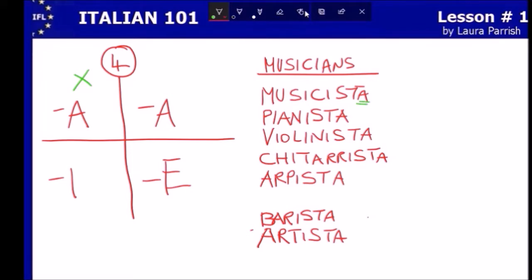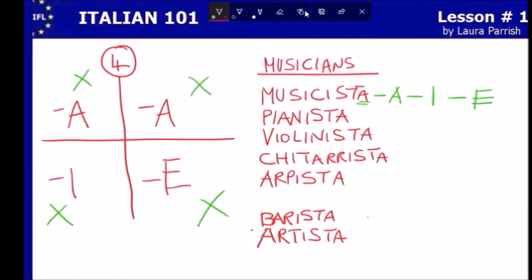Because it's a guy. What about if instead is a woman? It will be still musicista, the same way. What about if those are many guys or mixed men and women? It will be musicisti. If instead are only women, it will be musiciste.